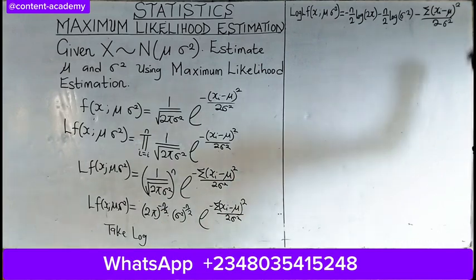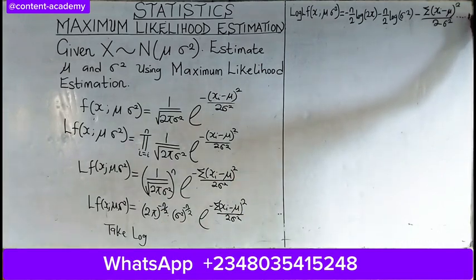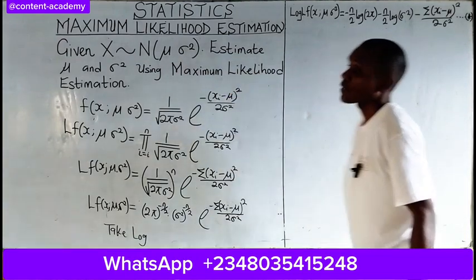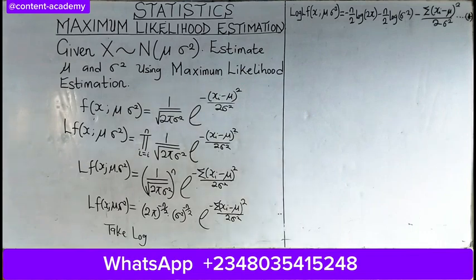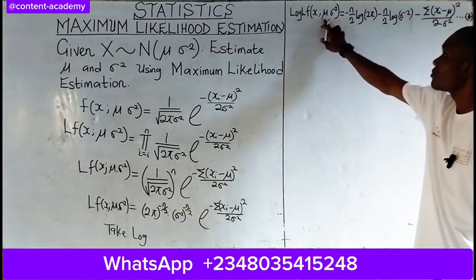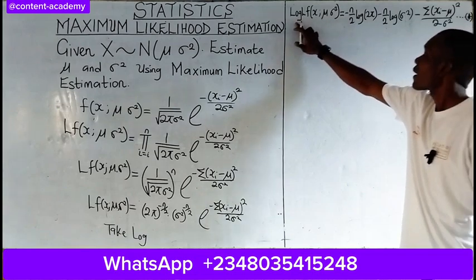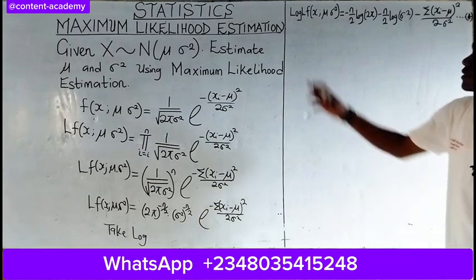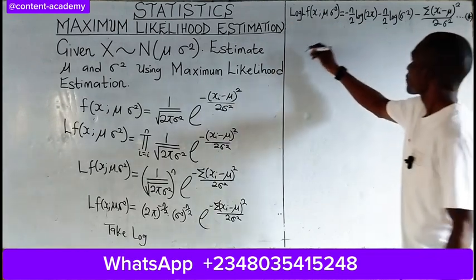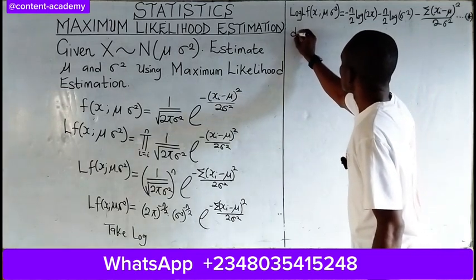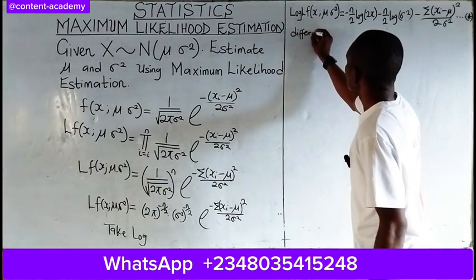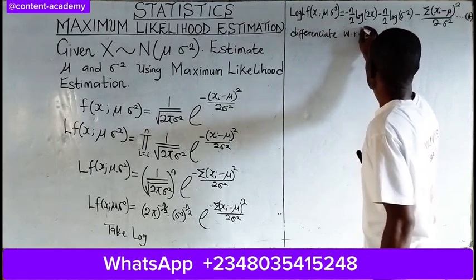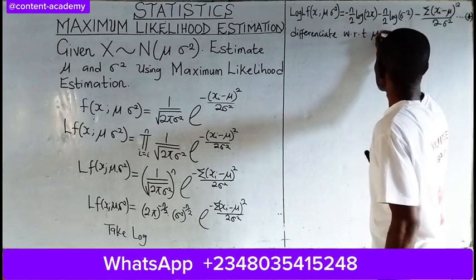We can take this as our equation star because we will refer to it when looking for the sigma square. The next thing to do is to differentiate with respect to the mean and also with respect to sigma square to get the mean and the variance. So first, we differentiate with respect to mu.